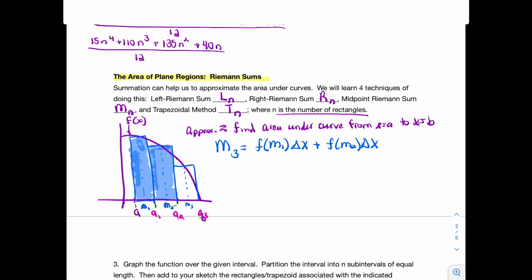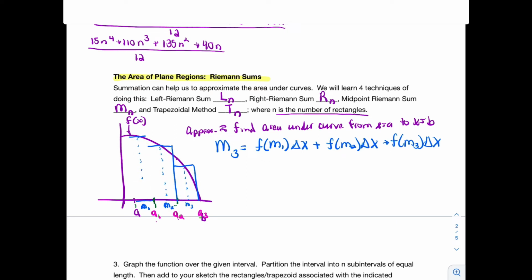And then to find the last rectangle's area, I would take f of M3 times delta x. And again, I can factor out that delta x and rewrite this as just delta x times f of M1 plus f of M2 plus f of M3. That is how you find the midpoint approximation of area under a curve.